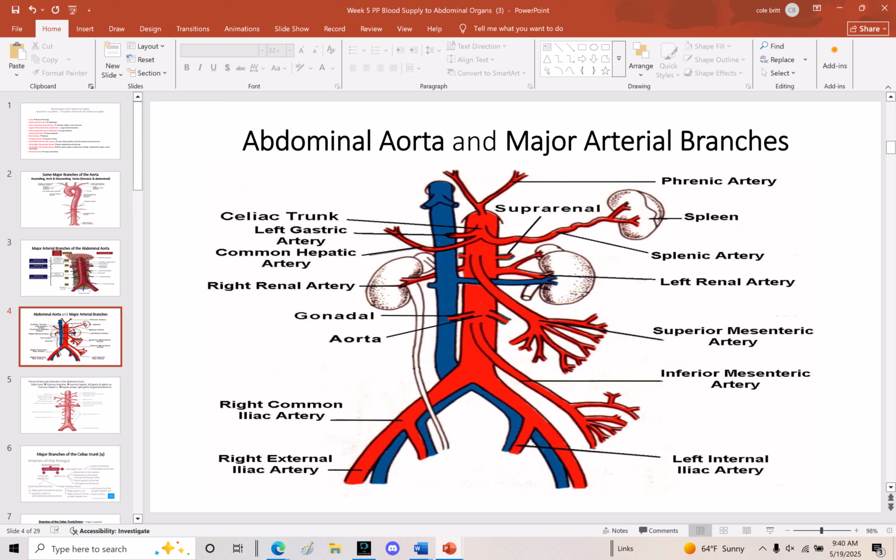Now, more major branches. Let's see. I kind of did a little redo this morning about 5 o'clock. All right, so here we have our celiac trunk. We'll start with that. Celiac trunk supplies the organs of the foregut.